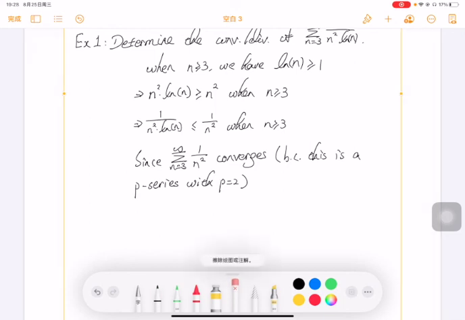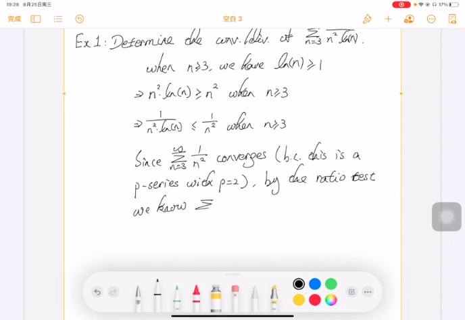Then, by the comparison test, we know the sum of 1 over n squared times ln of n converges as well.